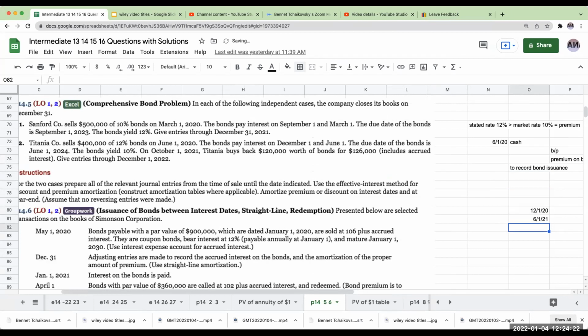The next date would be 12/1/21, 6/1/22, 12/1/22, and then we've got 6/1/23, 12/1/23, and then ultimately they're redeemed on 6/1/24. So we've got 1, 2, 3, 4, 5, 6, 7, and 8. So we've got a total of 8 payments.